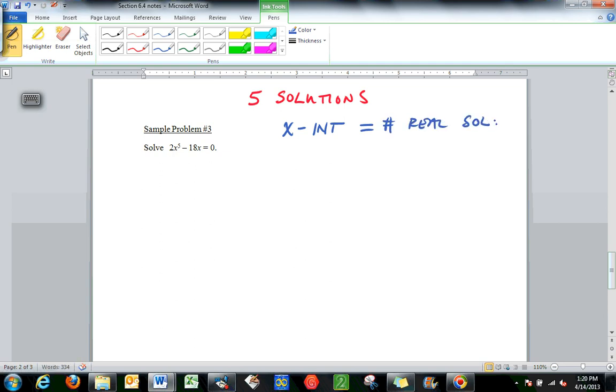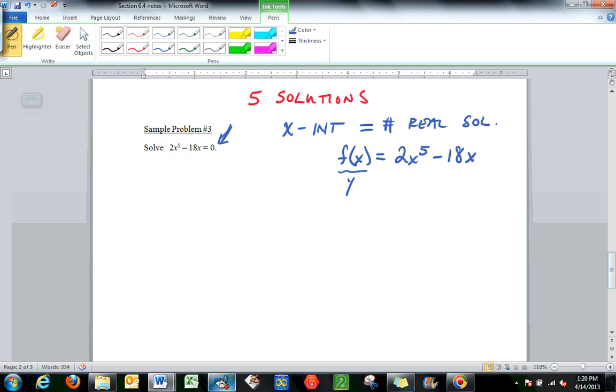And so we can actually get a visual of this by graphing this on our calculator. Now remember, if we want to graph this on our calculator, we're going to graph f of x equals 2x to the 5th minus 18x. And recall that this f of x is the same thing as a y value. So over here, the y value is actually equaling 0 in the equation.